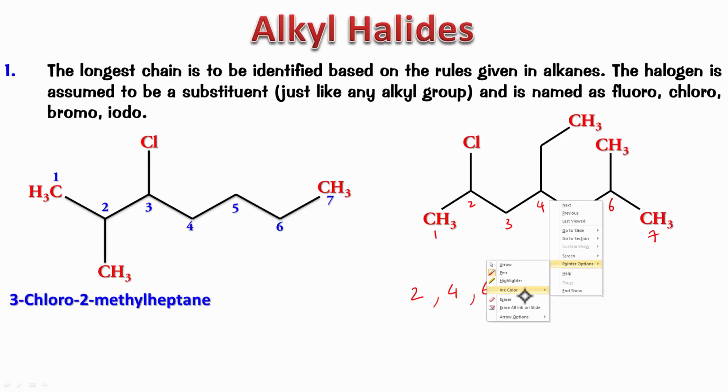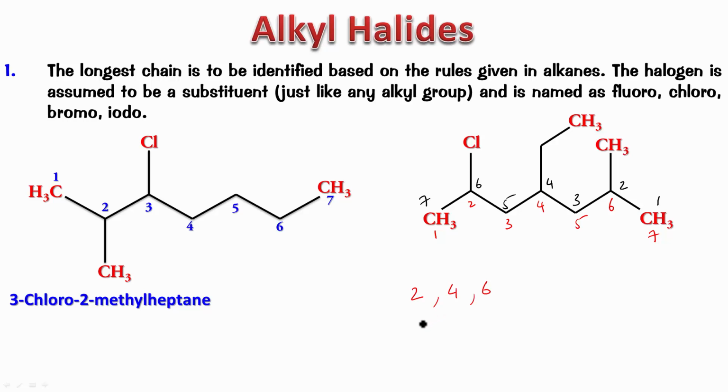Let me change the ink color. 1, 2, 3, 4, 5, 6, 7. And again, I get substituents at 2, 4, and 6. So the black numbering and the red numbering give me the same position numbers.